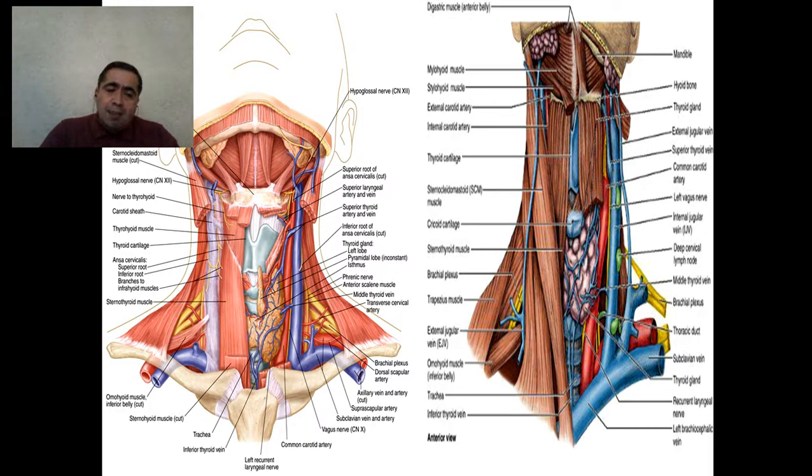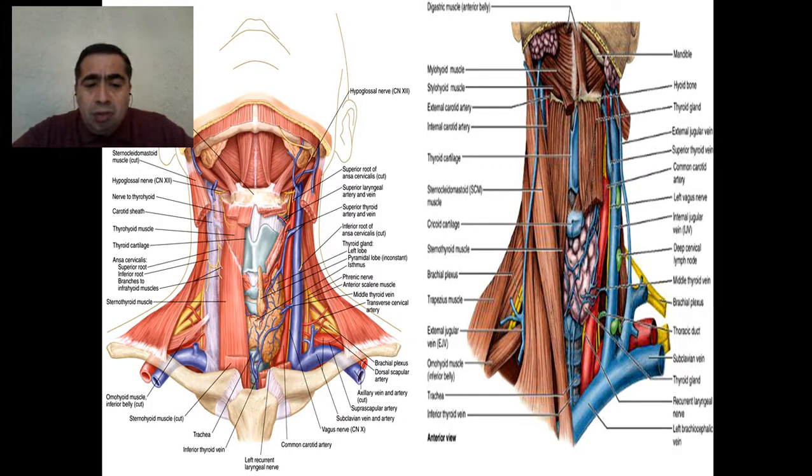In this case, you are looking at the brachial plexus and the subclavian artery, and it is separated from the subclavian vein by the anterior scalene muscle, because the subclavian vein is located more superficially than the artery of the same name.